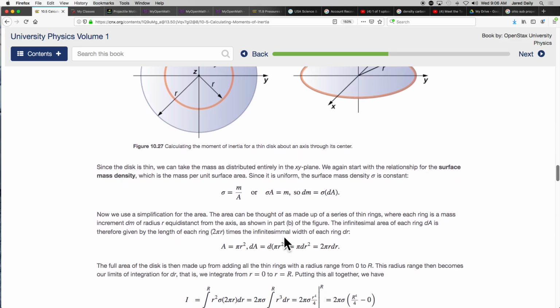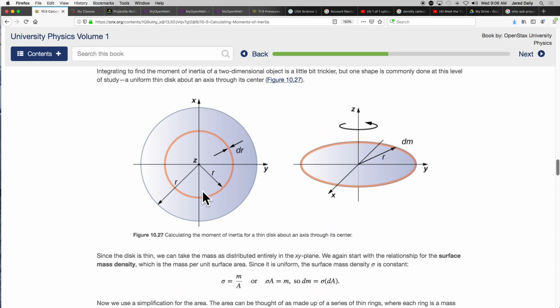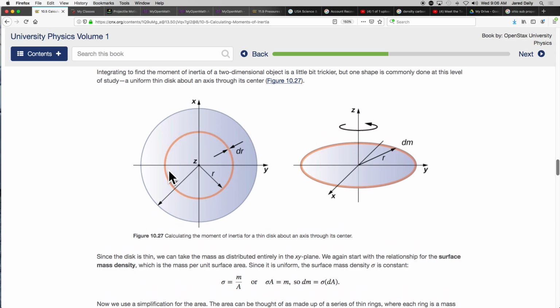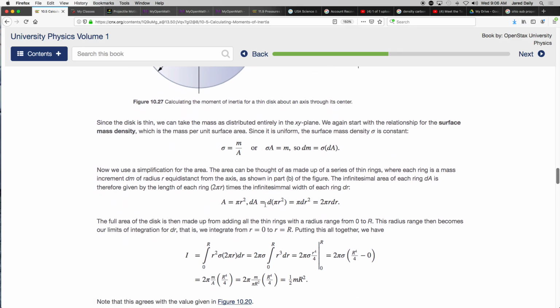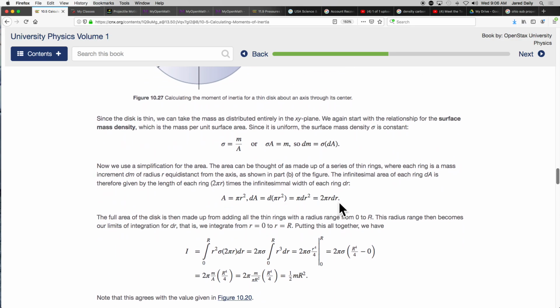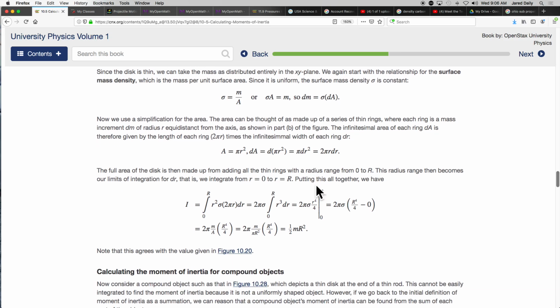But since you're doing the entire angle, going all the way around 2 pi radians, that part of the integral just becomes 2 pi. So you end up with a 2 pi r dr as your integration variable, essentially. That changes the integral, and then you get this result. And they do this for lots of different shapes.